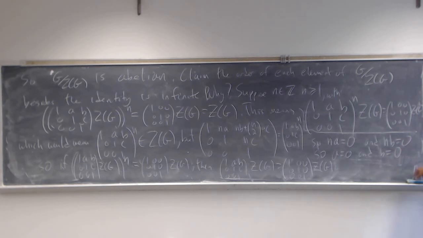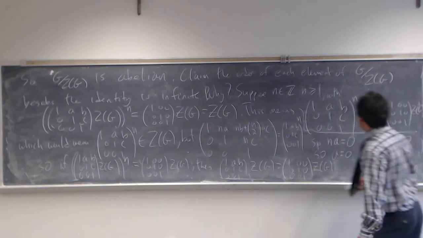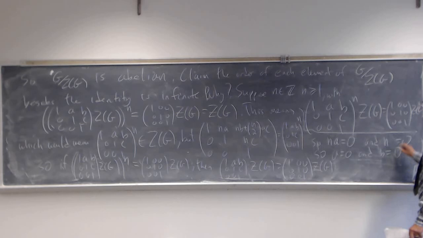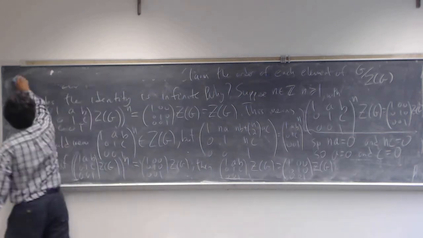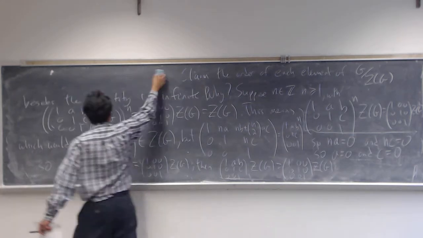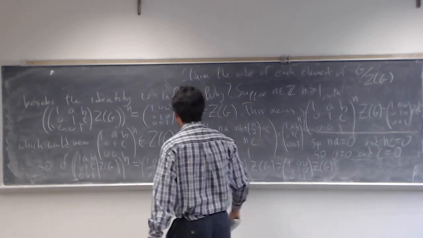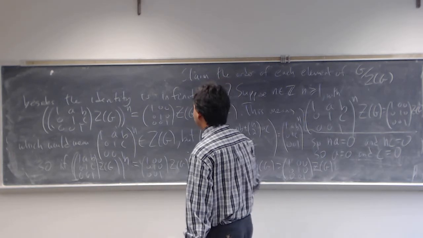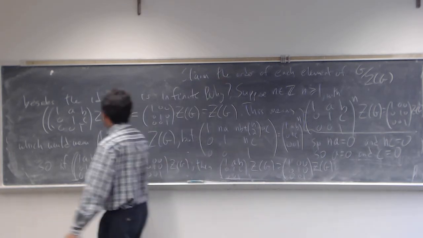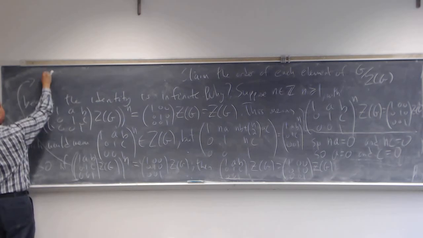Here I guess this should be nC equals 0. So C would equal 0. And again, here maybe I've skipped a step as well. Let me throw in a little more detail here.